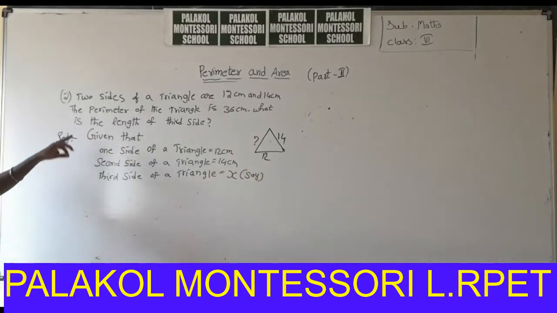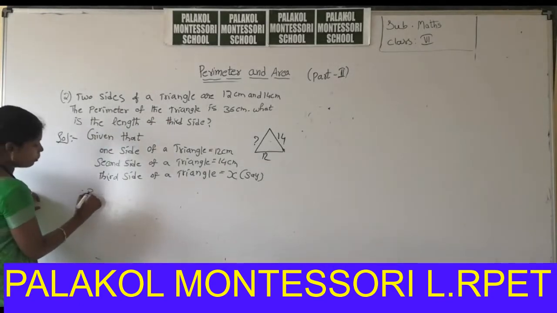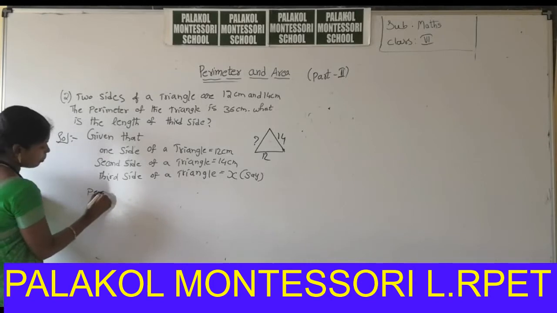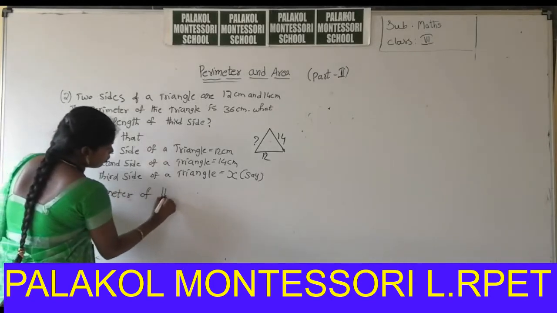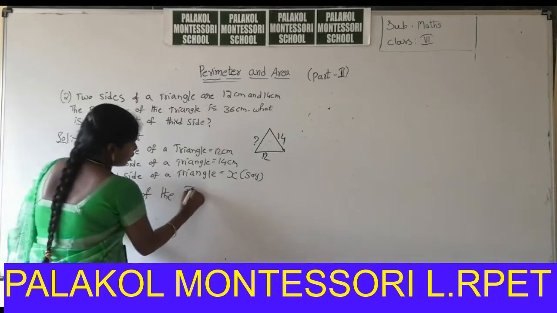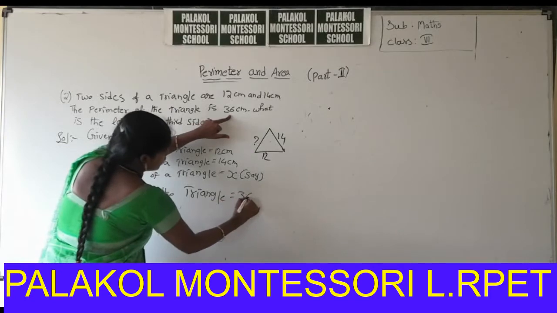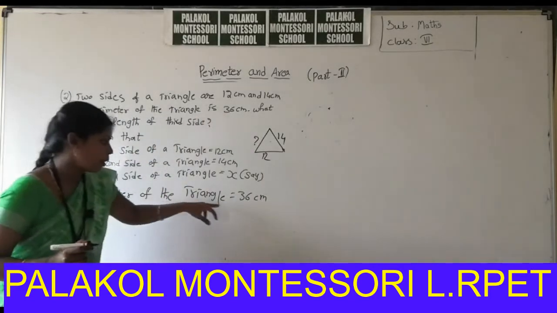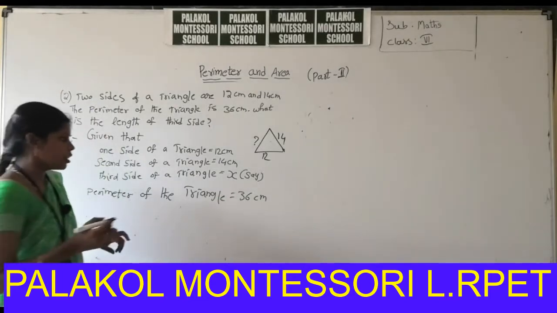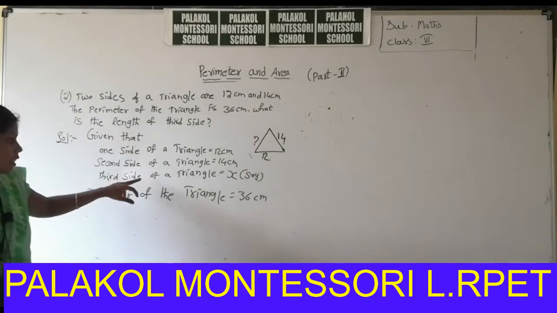Another thing is also there, the perimeter of the triangle. Given that, the perimeter of the triangle is equal to 36 centimeters. We already know the perimeter of the triangle is nothing but first side plus second side plus third side.